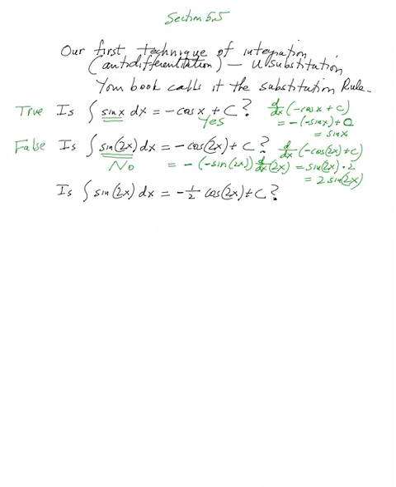Now, what's the difference in this first one and second one? Notice that in the second case, I'm anti-differentiating a composite function. I have an inside and an outside.